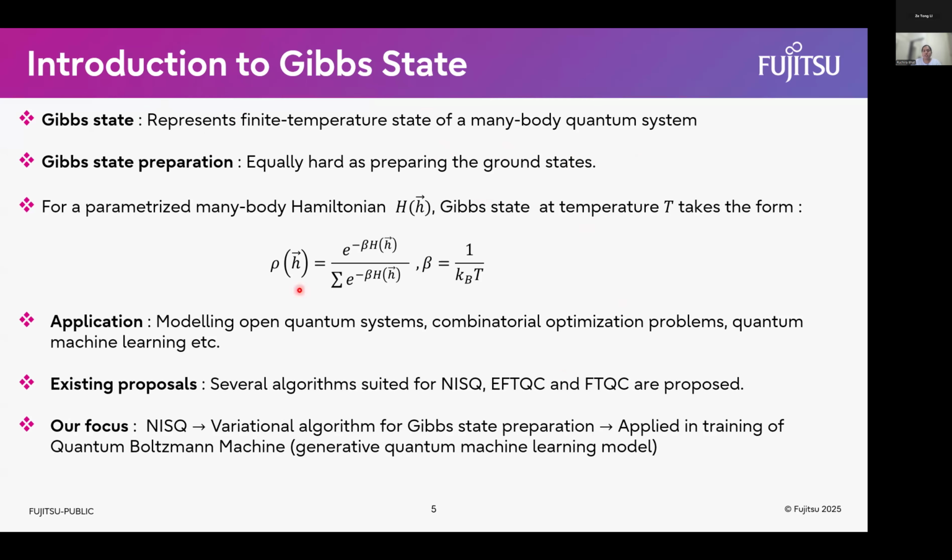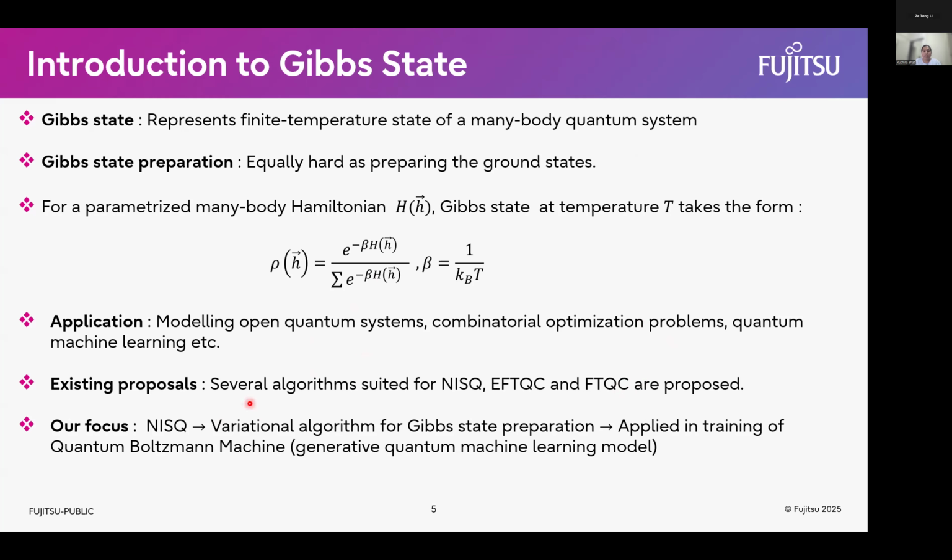The expression for the Gibbs state is generally represented by this density matrix, where beta represents the inverse temperature, related to the Boltzmann constant as well as the temperature. The applications of the Gibbs state range from modeling open quantum systems in condensed matter physics to combinatorial optimization problems as well as quantum machine learning.